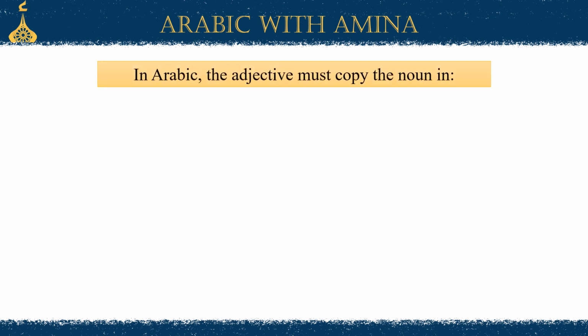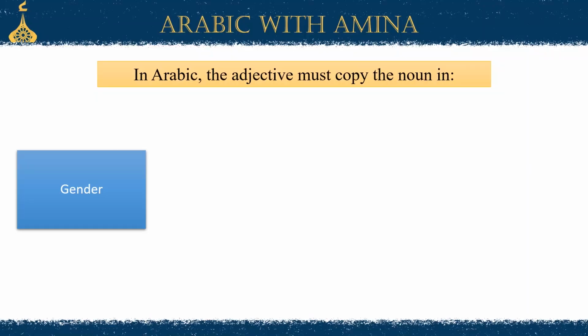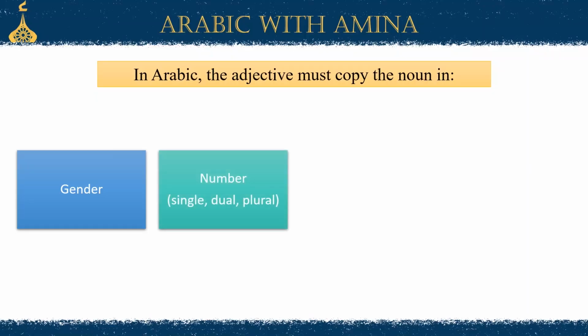Now, when we use an adjective to describe a noun in Arabic, it has to copy the noun in multiple ways. First off, it has to copy the noun in the gender. Also in number, whether it be single, dual, or plural.